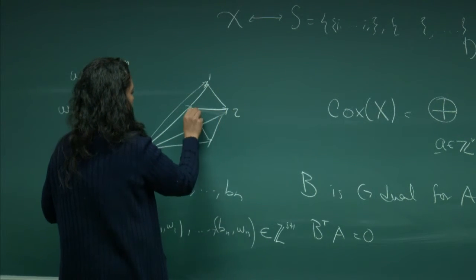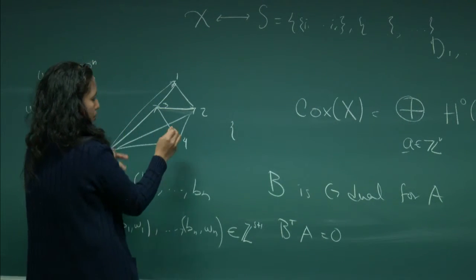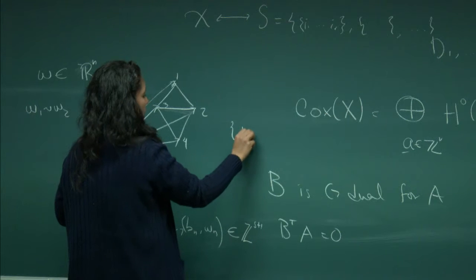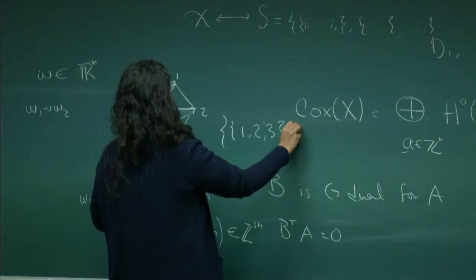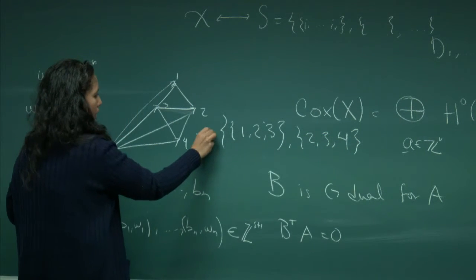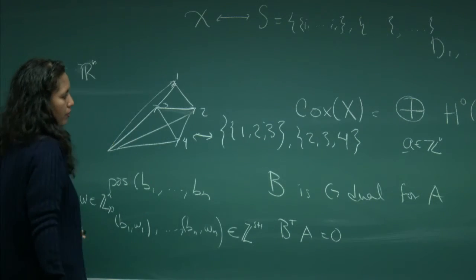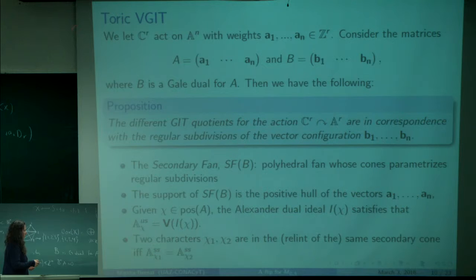So if, for example, this is my vector configuration 1, 2, 3, 4, then for this subdivision I will get 1, 2, 3, and then 2, 3, 4. This is going to give this subdivision of this vector configuration. So it's going to be a simplicial complex. And if you have a simplicial complex, you can associate a monomial ideal, the Alexander dual ideal.